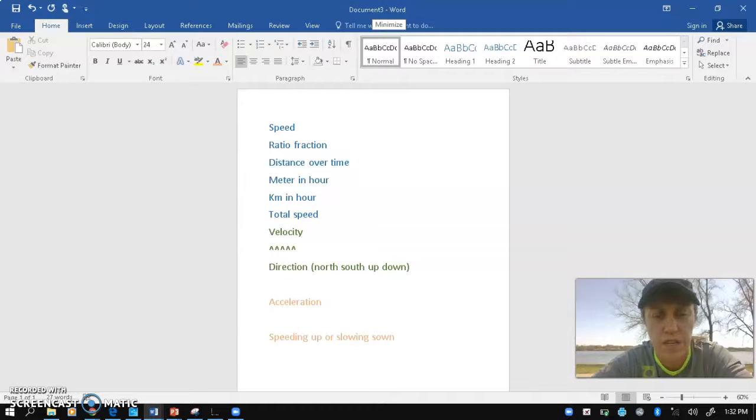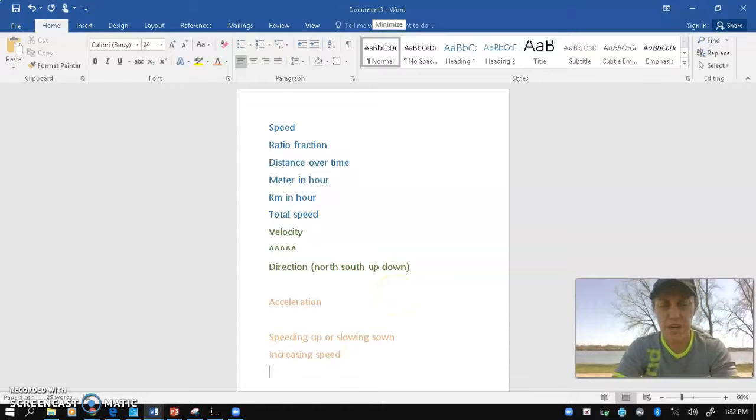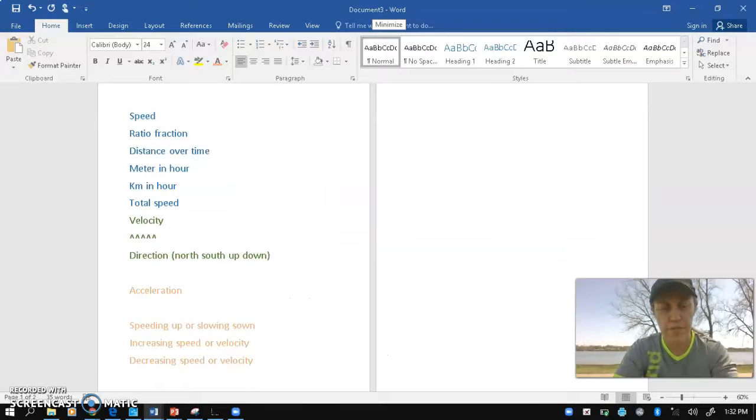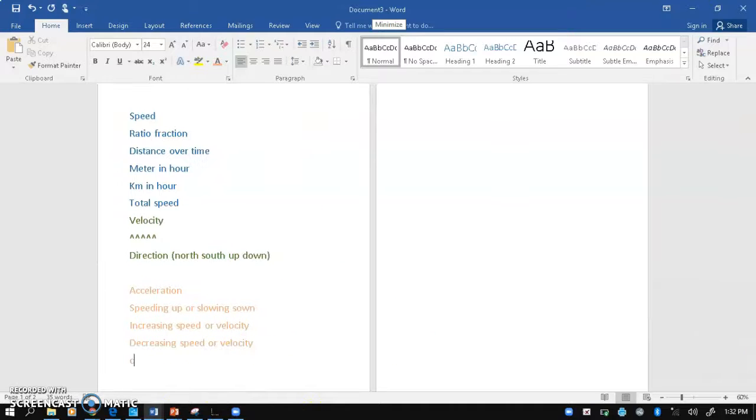Anything that's increasing speed or velocity, decreasing speed or velocity, or if you hear the word changing direction. Okay, so he went left. He turned and went left. That's an example of it. I'm going to pause it.